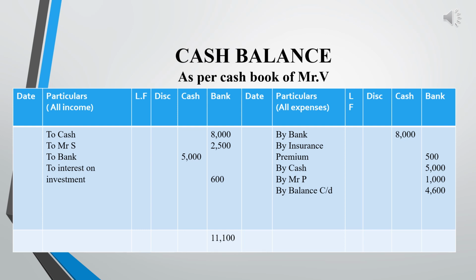That has to be reflected in Mr. B's account on the credit side, as it is an expense for Mr. B. After entering all these transactions, the balancing amount has to be found out. That is rupees 4,600.